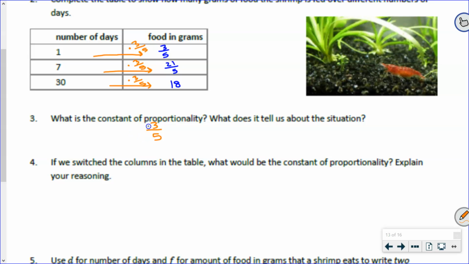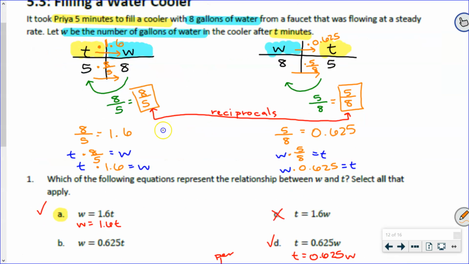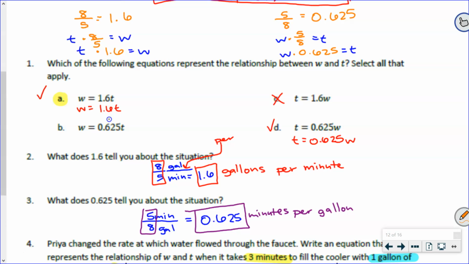A question came up. Instead of 3/5, can I use 0.6? The answer is yes and also no. If you change them to decimals, you don't get to see the relationship that is so important.